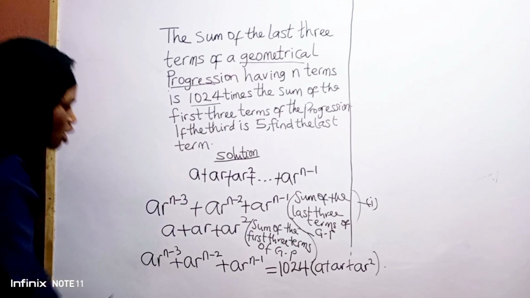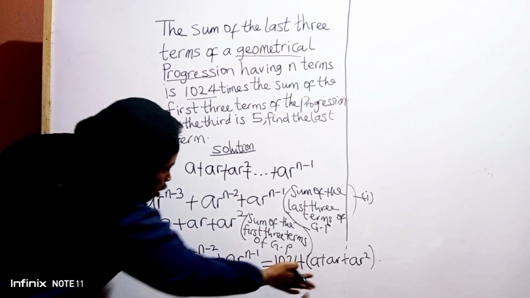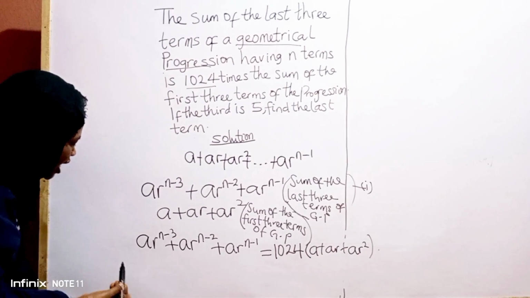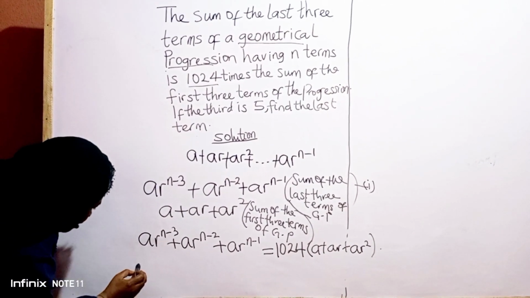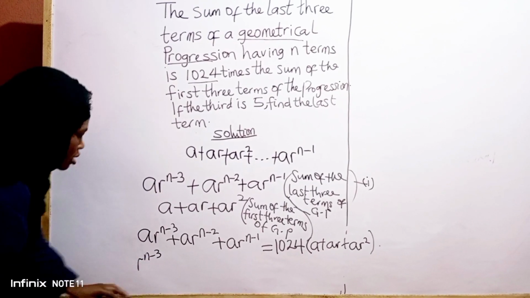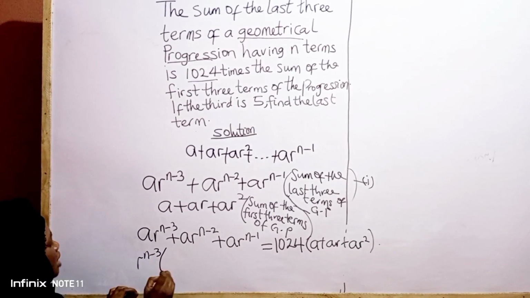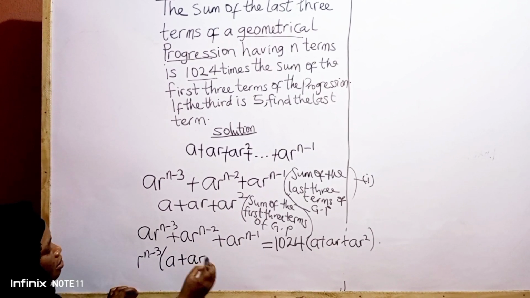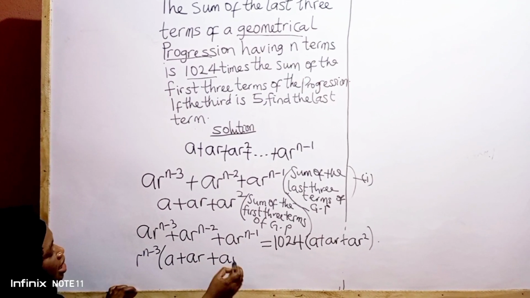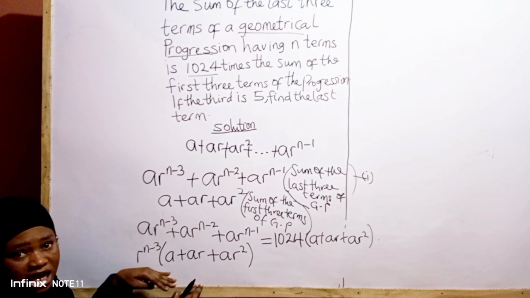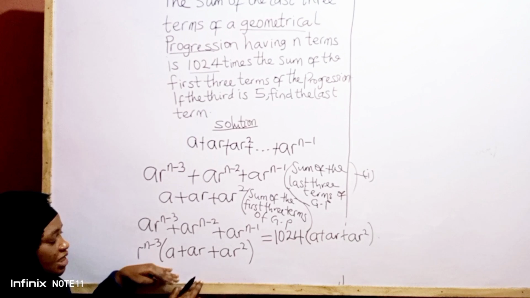Now from here we can factorize common variables. We can let it be in the form of the sum of the first three terms. So I can factorize r raised to the power n minus 3 out here, and I will have a plus ar plus ar squared. Please expand it so that you see that it is correct.